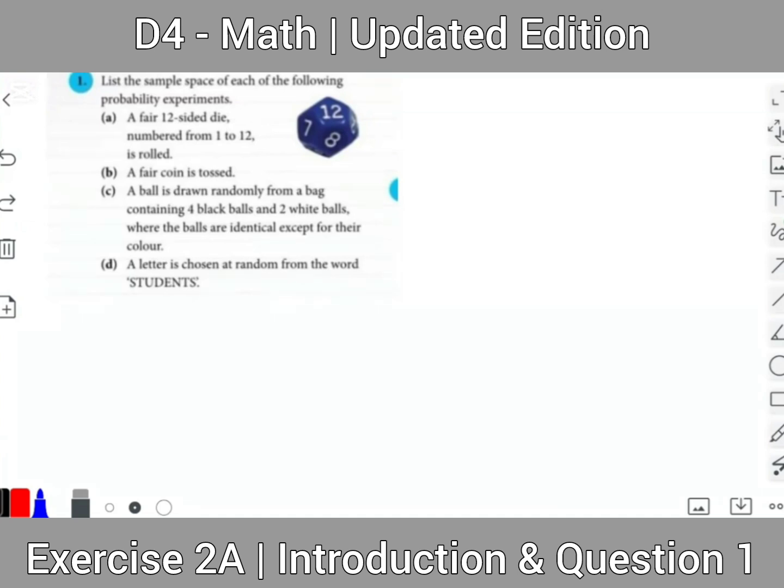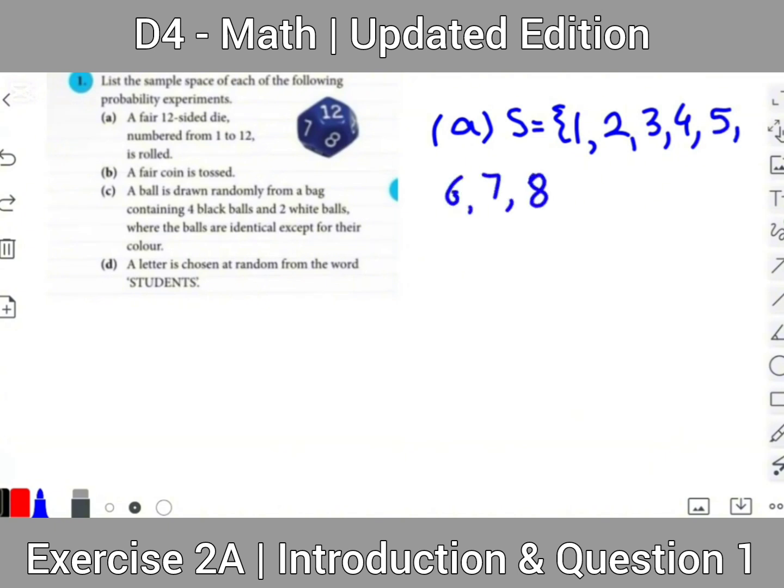Since we know that the sample space is represented by S, for part A the sample space will be equal to 1, 2, 3, 4, 5, 6, 7, 8, 9, 10, 11, and 12.